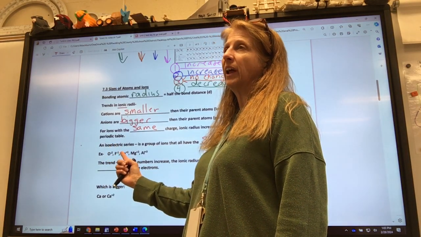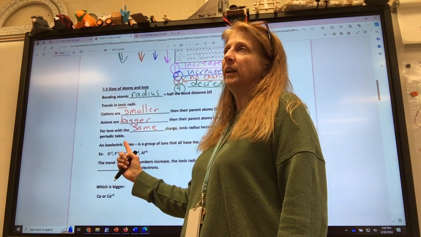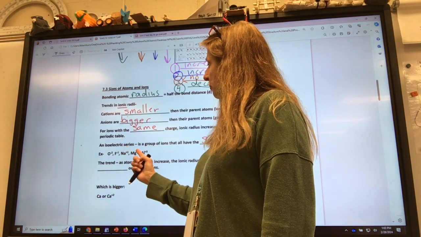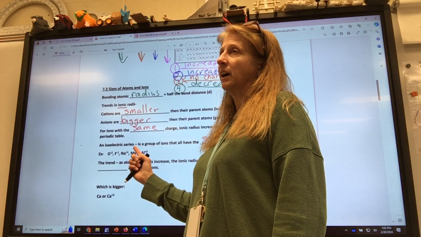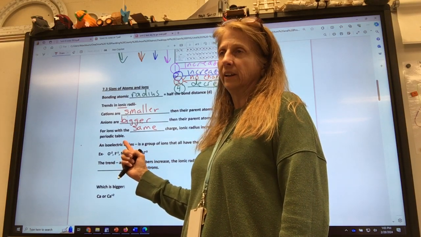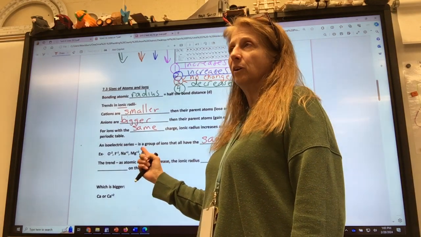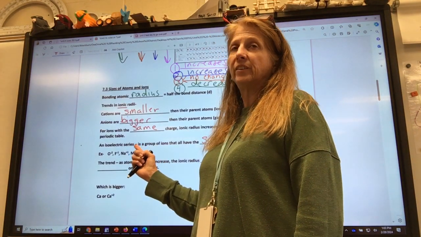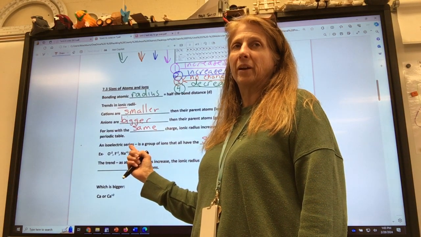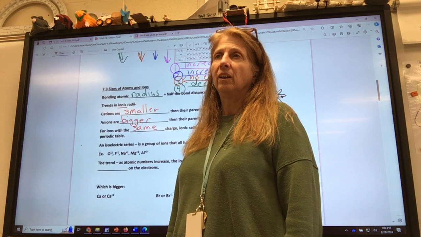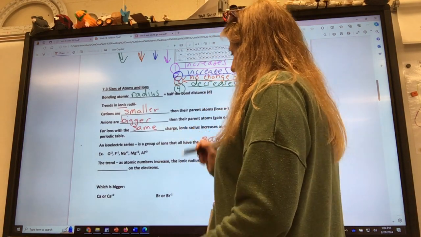Sodium is going to lose 1 and be, you guessed it, 10. Magnesium is going to lose 2 and will have 10 electrons. And aluminum is going to lose 3 to have 10. Everybody see how all of these have 10 electrons? Yes? Okay.